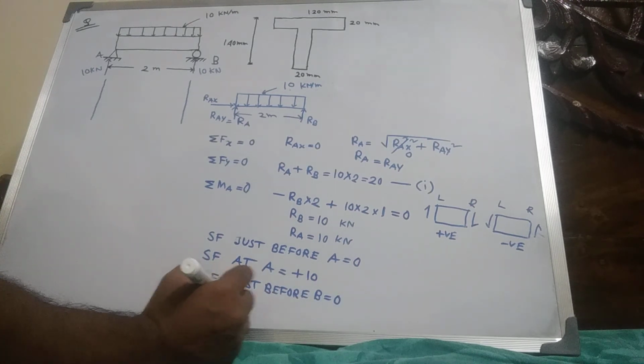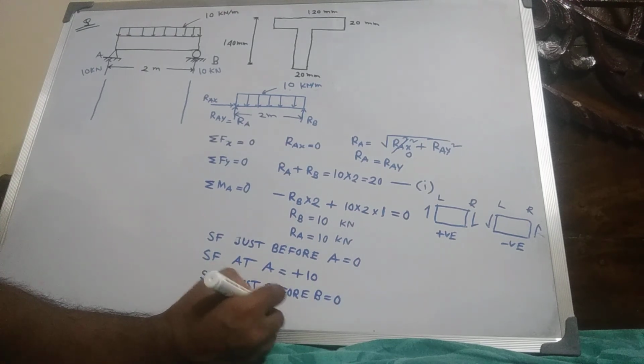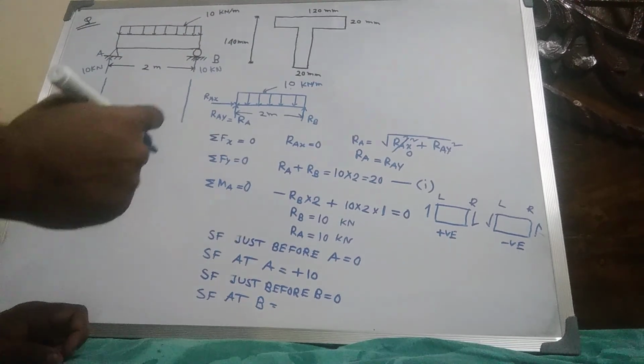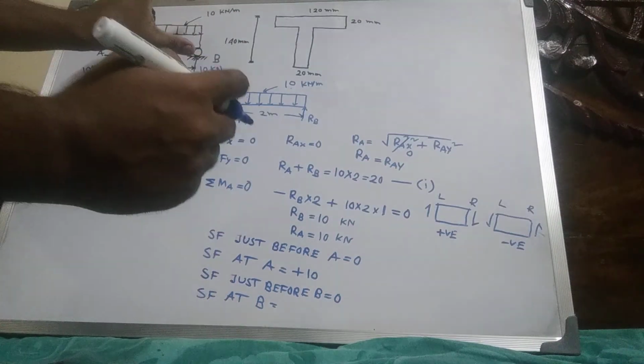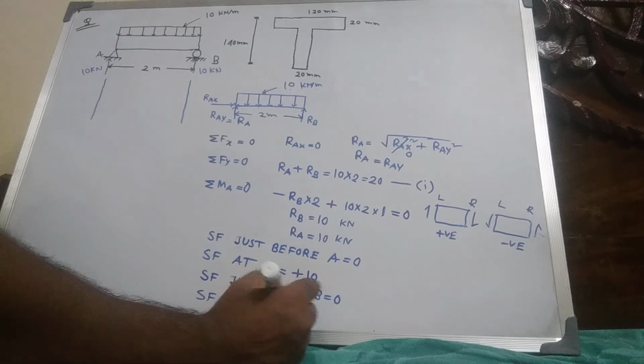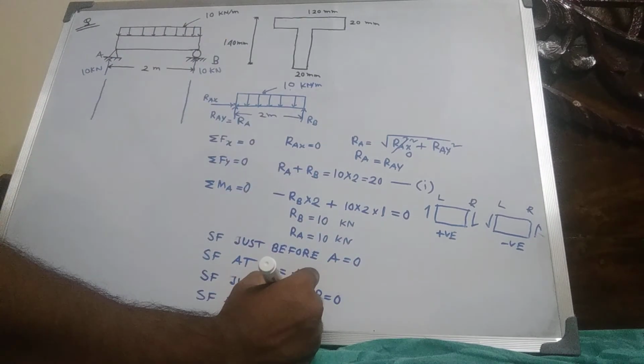Shear force at B: right side upward is negative, so minus 10, the point load.